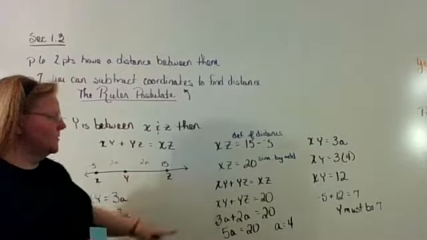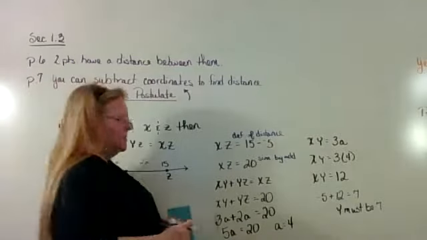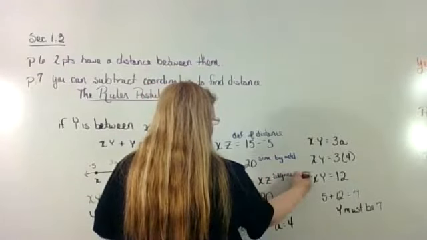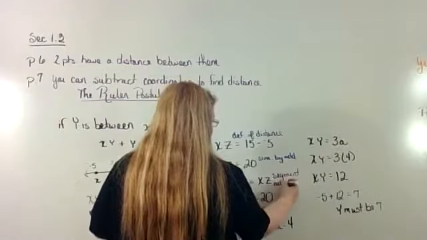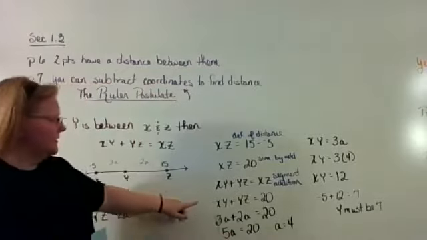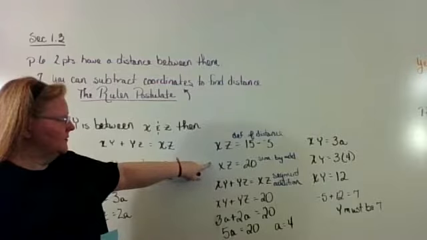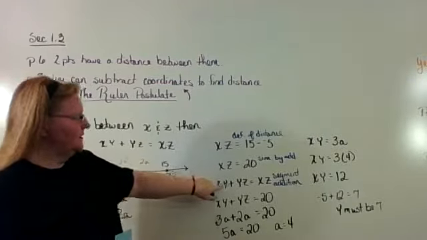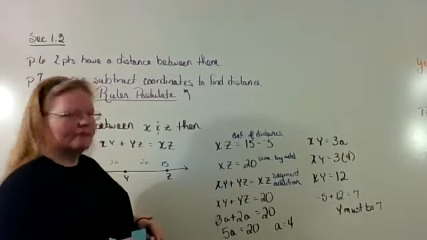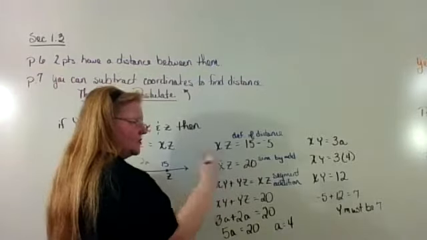This one was the definition of between, or our segment addition. This one was just plugging that in. We said that that was equal to that, so this must equal that. Transitive property. A equals B and B equals C, then A must equal C.